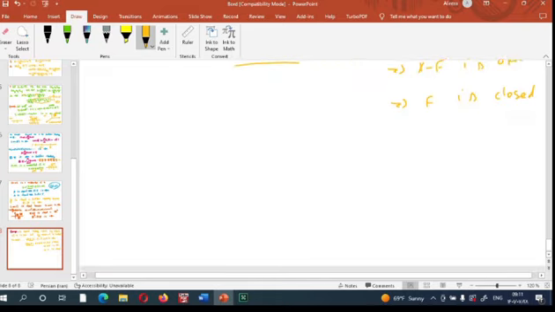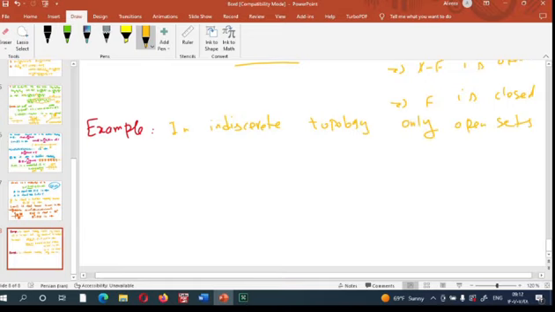But if we consider indiscrete topology, the only open sets are the empty set and the whole of X, because tau equals this, and the only closed sets are these two sets.